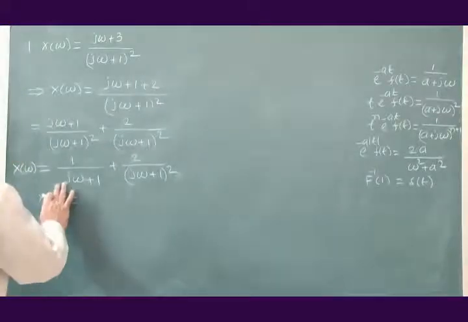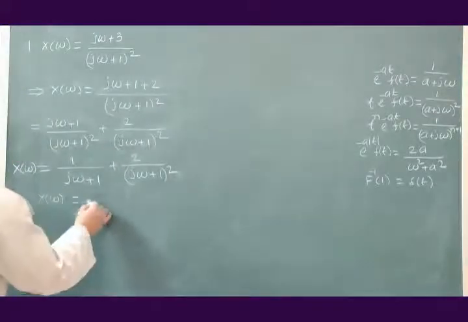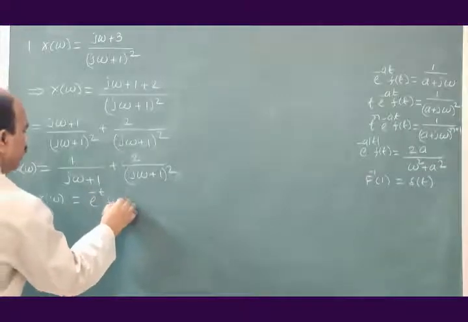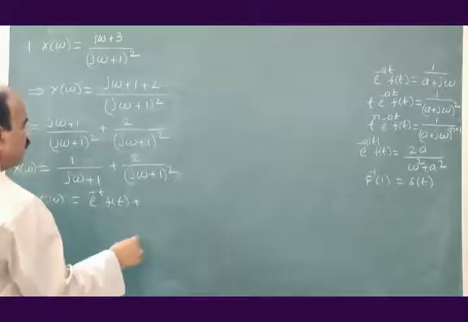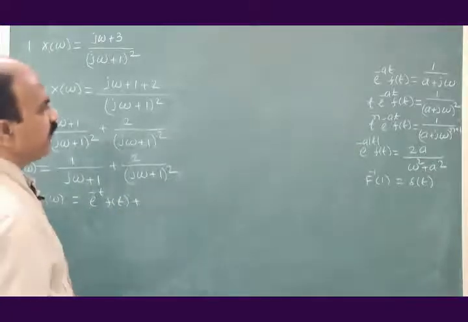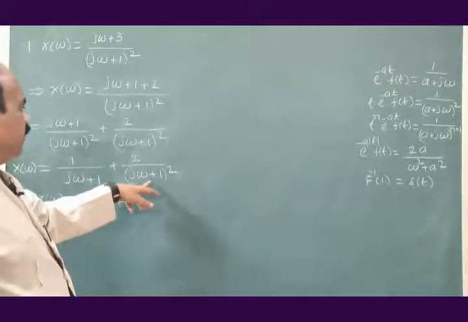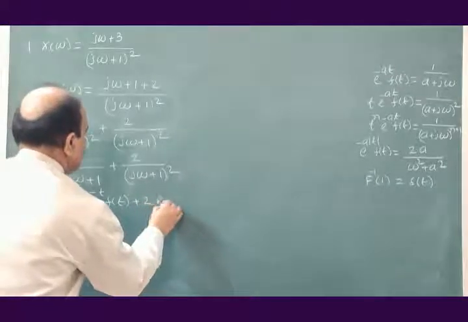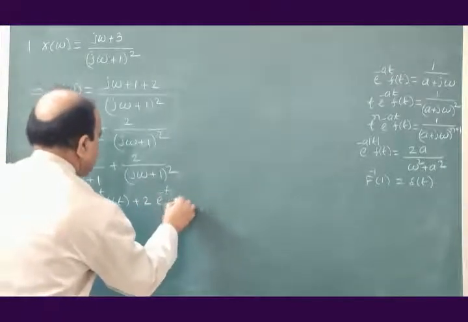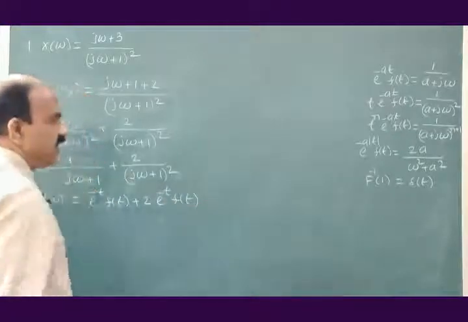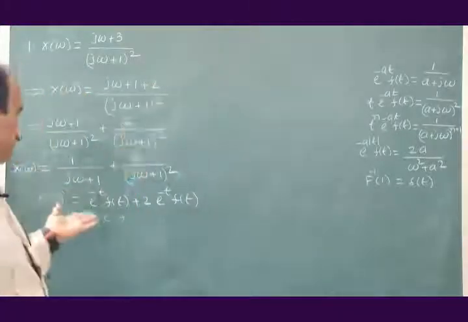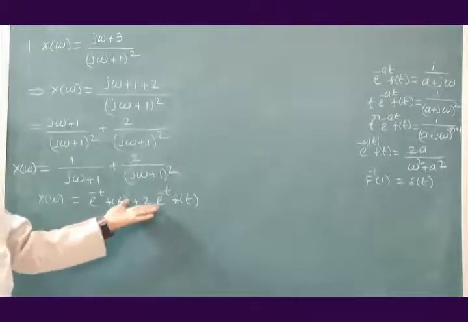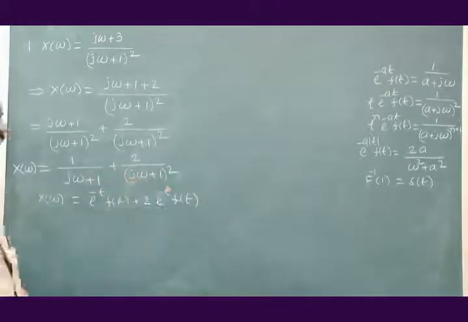So let me first write this. According to the first formula, 1 by j omega plus 1 is the transform of e to the power minus t f of t. And 2 by j omega plus 1 square will be 2 times t e to the power minus t f of t.